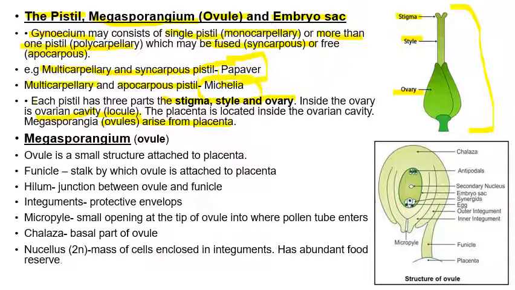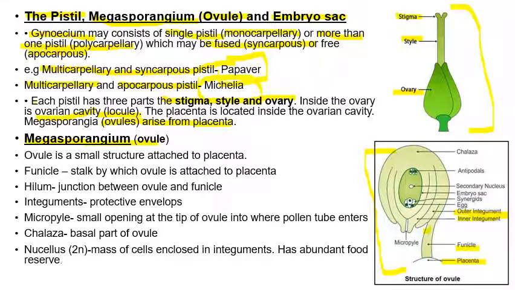Now we'll discuss the megasporangium, meaning the ovule. The ovule structure is like this. Here we have a base called the placenta, from where the ovules come out, and the ovule stalk is called funicle. The joining part is called hilum. It has two outer coverings, an outer integument and an inner integument.